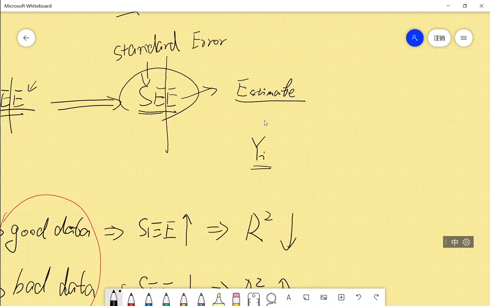This is a different time. You get the estimation, and of course there is the actual Y. When you subtract that from the estimate that you predict, you get the error, which is the epsilon I'm using.